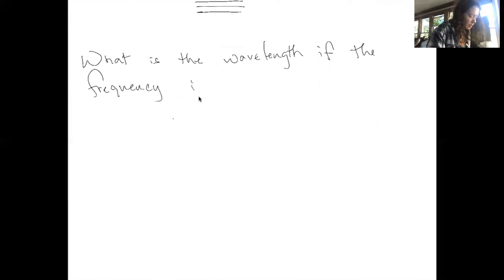What is the wavelength if the frequency is 98.5 megahertz, right? That's like a radio station, 98.5.